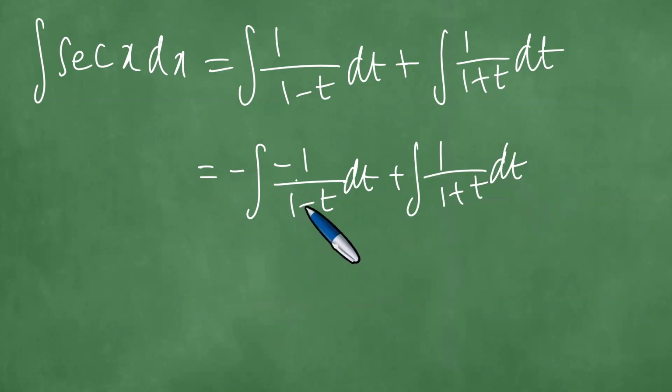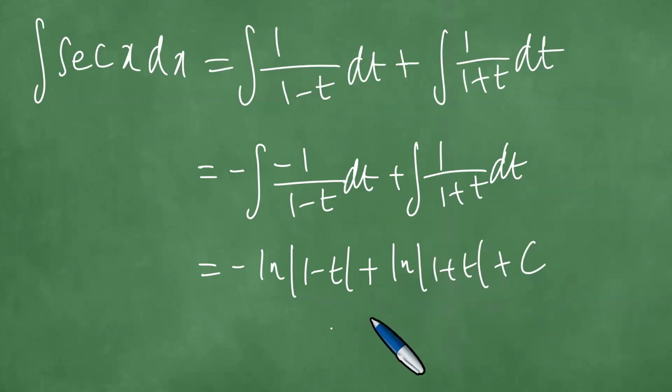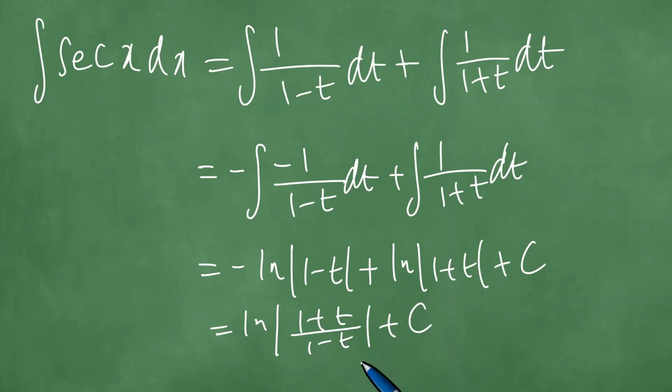The derivative of 1 minus t is minus 1, so it becomes minus the natural log of 1 minus t plus the natural log of 1 plus t plus c. And this is the natural log of 1 plus t divided by 1 minus t plus c.